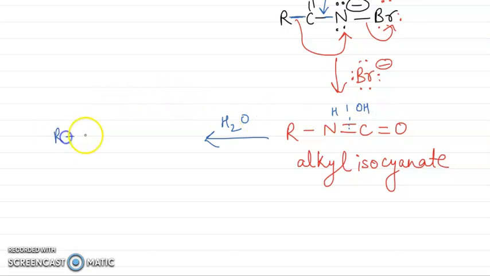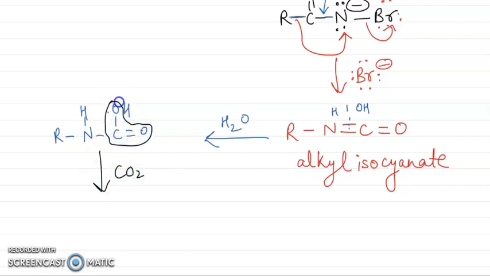So the next structure is R, N, H, C, OH, double bond O. This structure is not very stable. So the carbon dioxide, this CO2 group, would be leaving, and this RNH2 will form, a primary amine. We got a primary amine as the product.